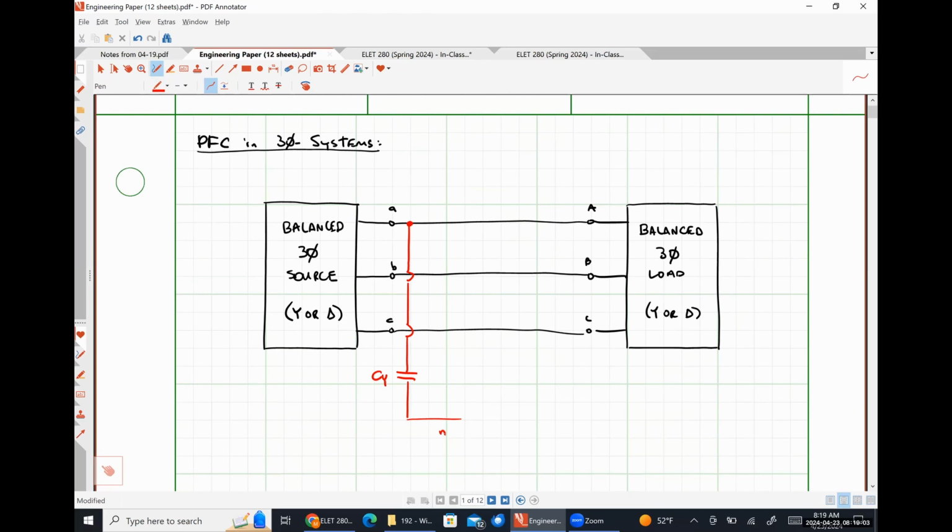Now, I want to be very, very clear here that this neutral terminal in my capacitor bank does not have to be connected to a neutral terminal in my source or my load, because those literally may not exist. This is just me tying one terminal of all of those capacitors together to form what's behaving like a neutral node.